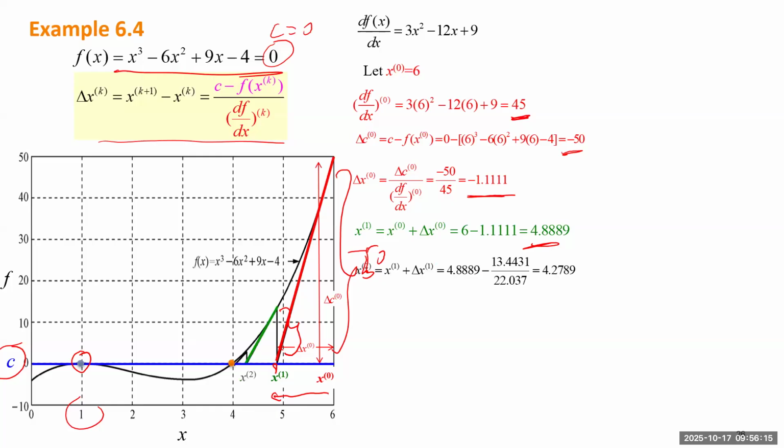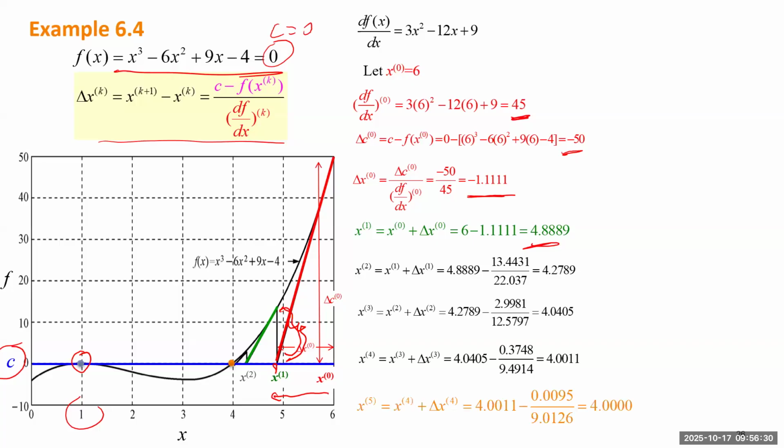And the new gap will become much smaller. The new gap will become this one. And you just keep doing this, keep drawing the straight line tangent to the latest updated value. After only 4 or 5 iterations, you already get to that root.